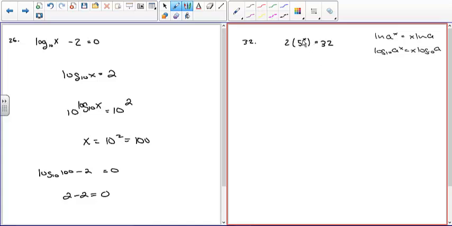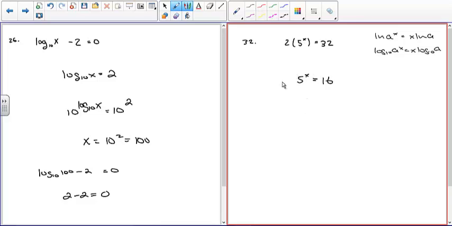Okay, so we're solving for x, so we got to isolate 5 to the x, kind of like we used to solve for x, but we have one more step you have to take. So we divide both sides by 2, so we'd get that. And now we want to solve for x.